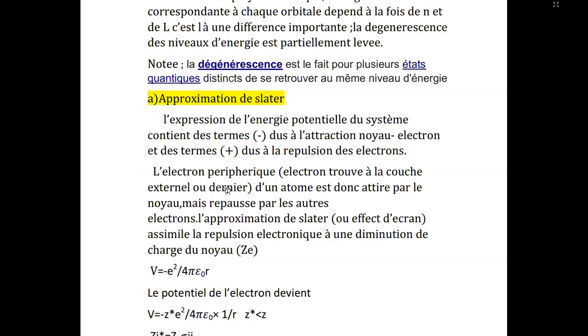Attiré means it is attracted by the nucleus, mais repoussé par les autres means it is repelled by the other electrons. That's all you have to know.